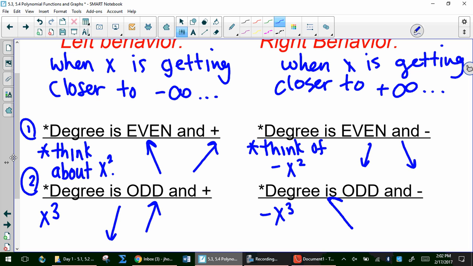And towards the left, it was going up. And then to the right, it's going down. So you can use arrows to indicate the behavior, but you know this is how the graph is going to end. And then there could be all this other stuff happening in between. But you know that it's going to be ending up, up, down, down, down, up, or up, down. Okay?